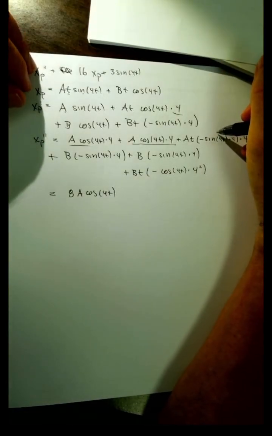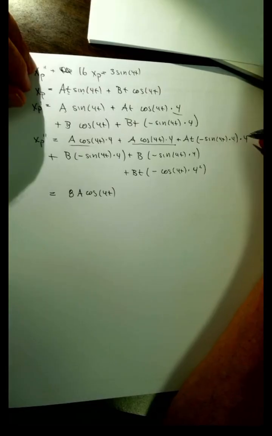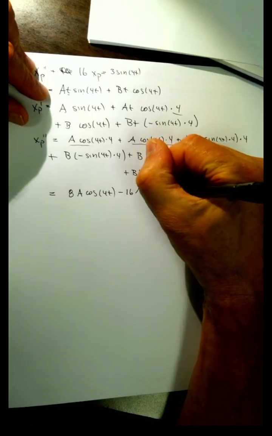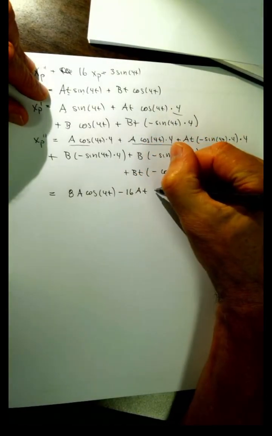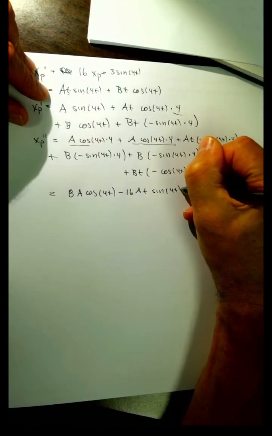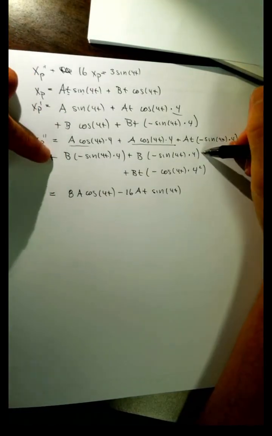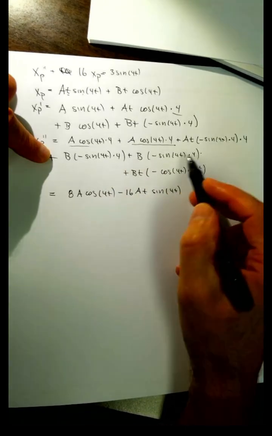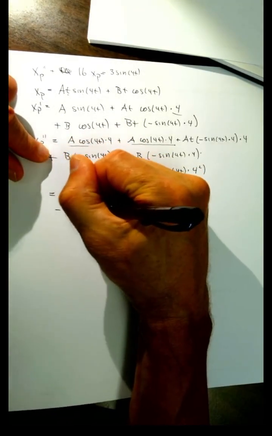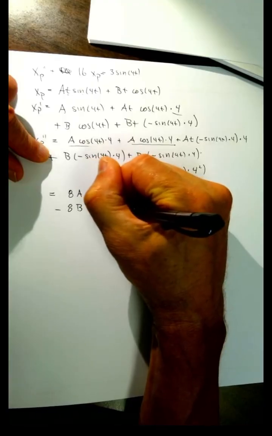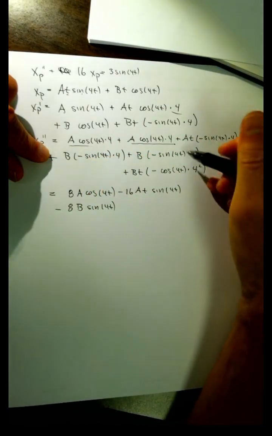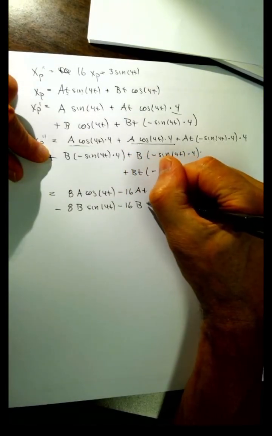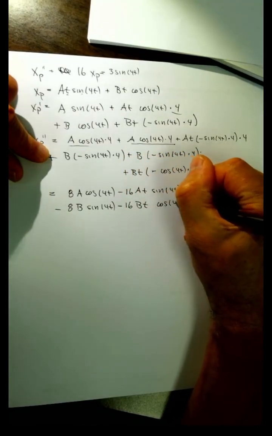This becomes, so 4 times 4 is 16, so I get minus 16a t sine of 4t. For this term, I have minus 4b sine 4t minus 4b sine 4t gives me a total of minus 8b sine 4t. And this term becomes 16 times minus, so I get minus 16 bt cosine 4t.